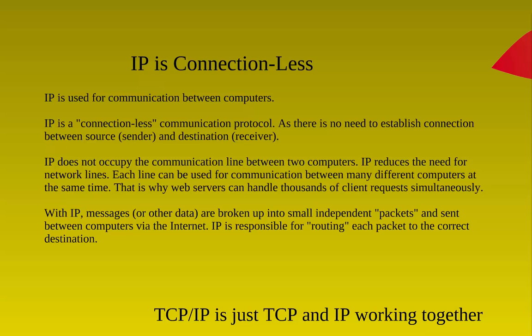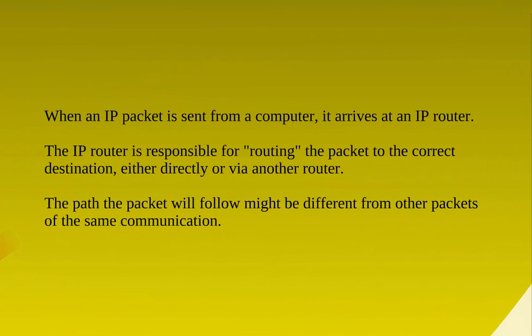The IP packets, if you will, are broken up by the IP mechanism and by the TCP mechanism, and they're sent between the computers back and forth. And IP is the part that's responsible for routing those packets to the destination. So when an IP packet is sent out from a computer, it arrives at an IP router, typically what you would call your default gateway.